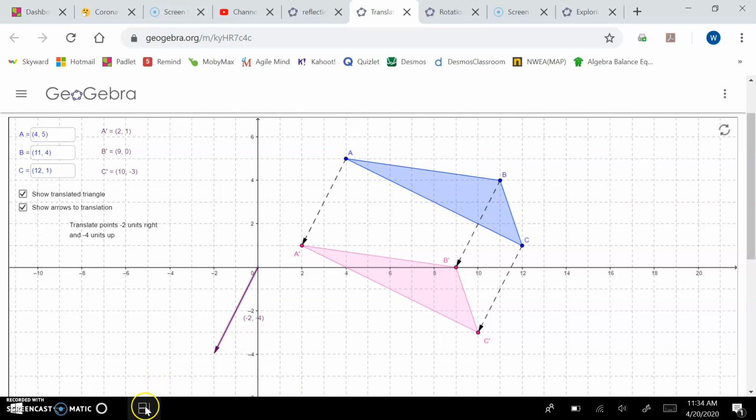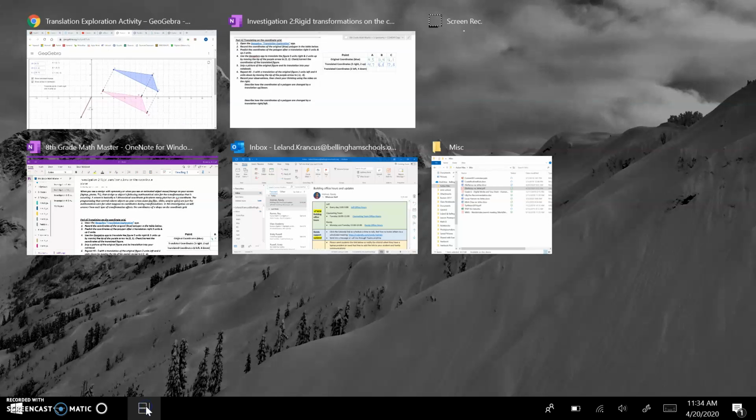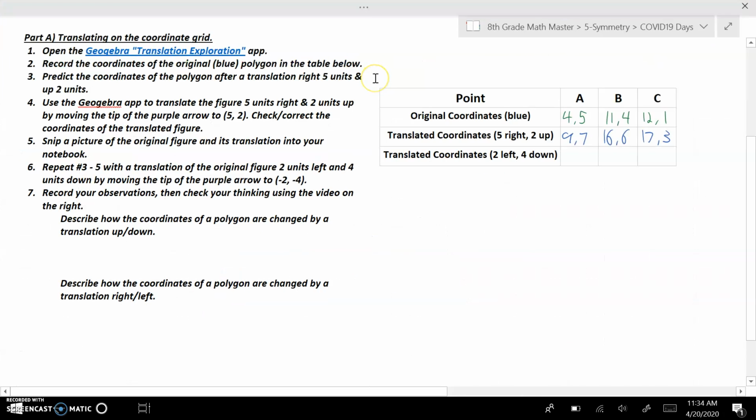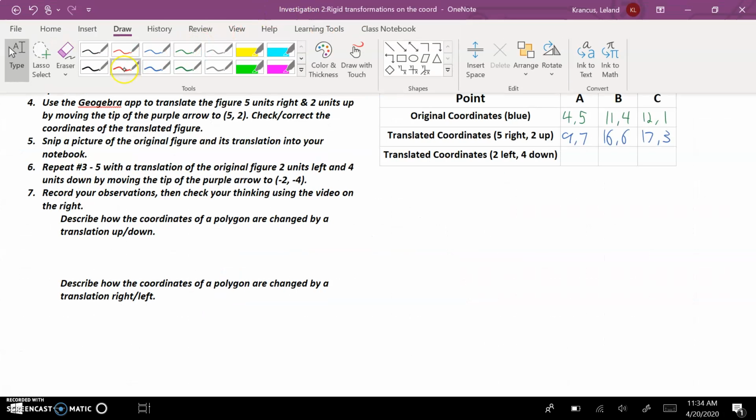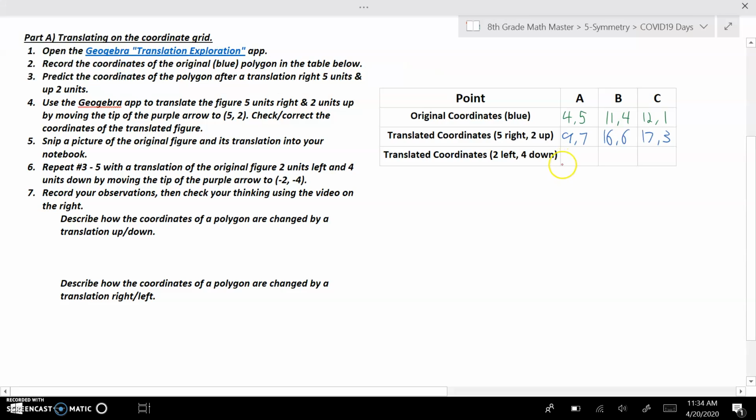And then again, record your coordinates in the data table in OneNote. For those new ones, we end up with coordinates (2, 1) for A, (9, 0) for B, and (10, -3) for C.